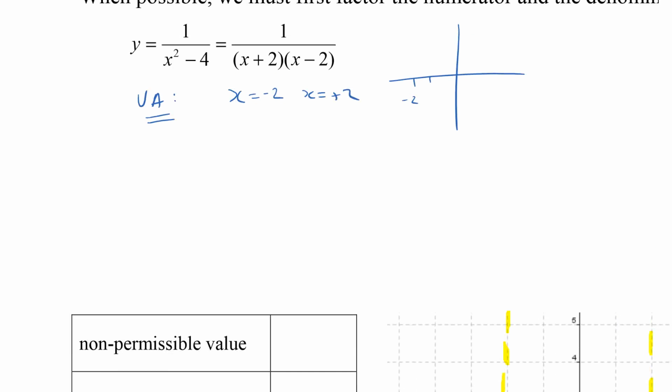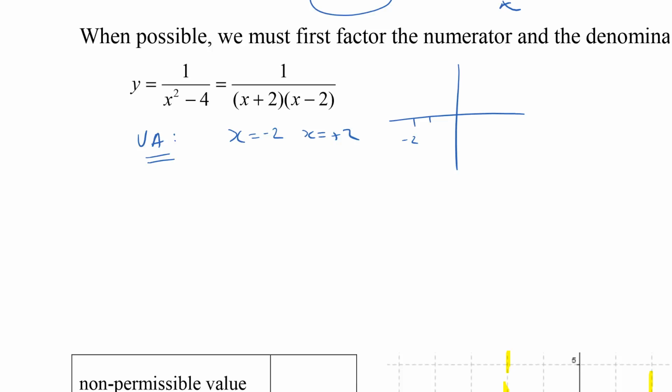Now, why don't we try to figure out what our x-intercepts and our y-intercepts are going to look like. So again, our x-intercept is what's the x value when y is equal to 0.